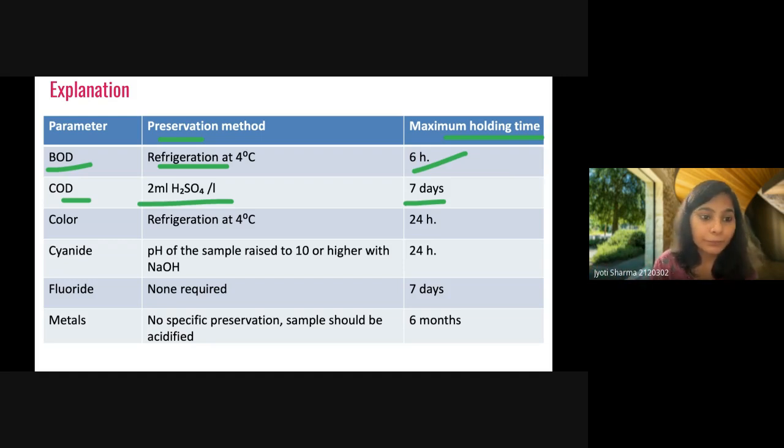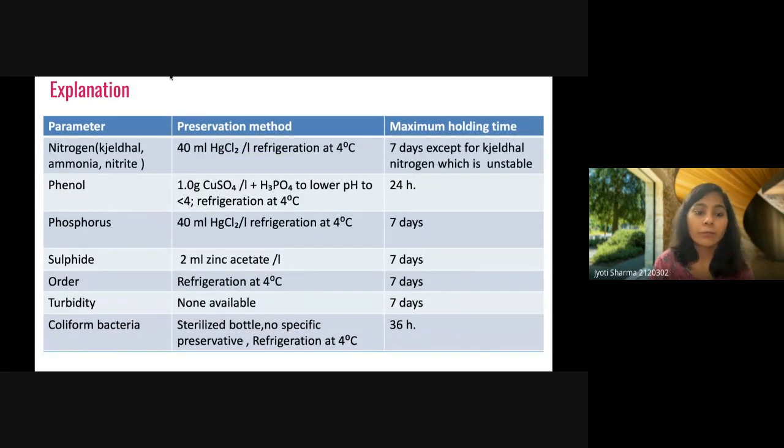So I think we may have more, like for nitrogen in water, for phenol, phosphorus, sulfide, odor, turbidity, and coliform bacteria. So likewise, we have different parameters that we can measure, and the preservation method is different for different kinds of parameters.